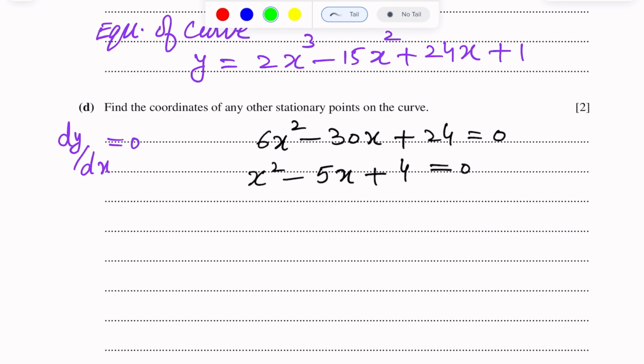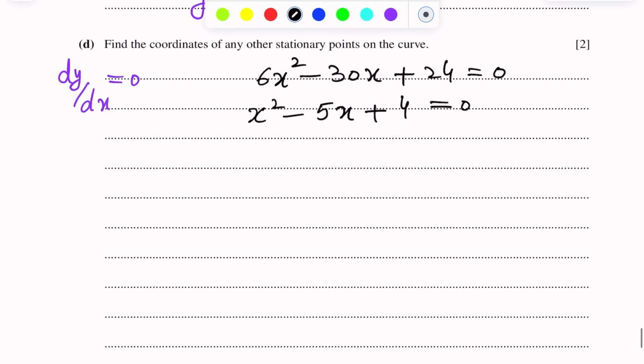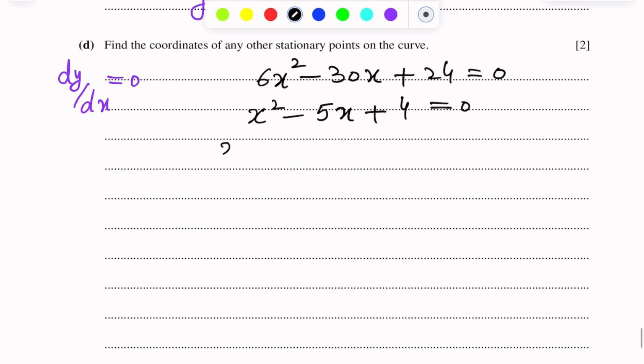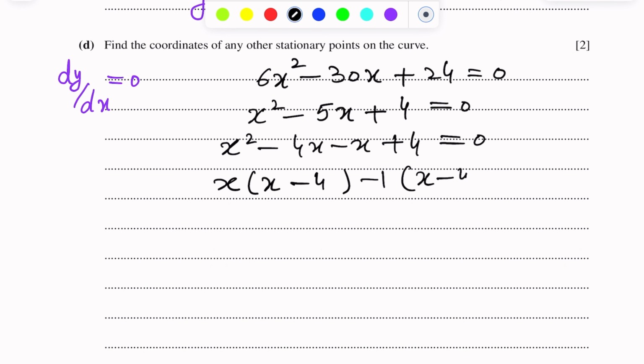Now we factorize this quadratic equation: x² minus 4x minus x plus 4 is equal to 0. Taking x common, x(x minus 4) minus 1(x minus 4). So there are two factors, (x minus 1)(x minus 4) is equal to 0.